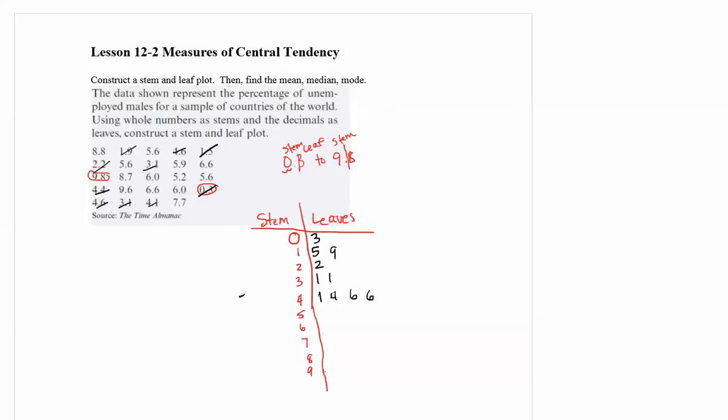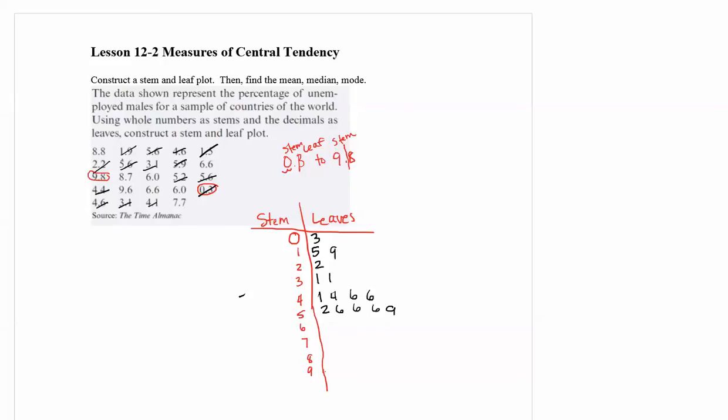Now search for numbers that are 5 point something. We have two 5.6s and a 5.2, so I'll put the 2 in there. We have a third 5.6, so I have 6, 6, 6 to represent 5.6 three times. I also have a 5.9, so 9 would be that leaf.